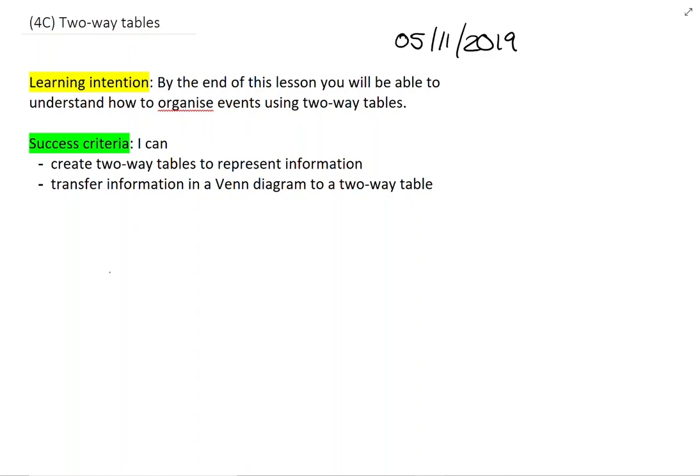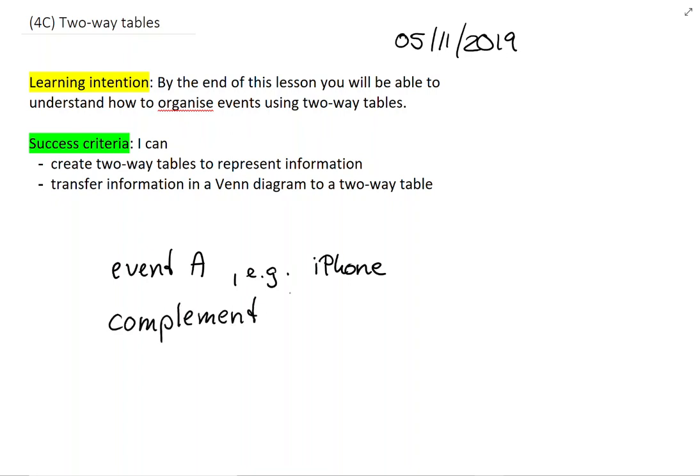So let's say we've got an event A, and my event A is having an iPhone. And the complement of that event would be not having an iPhone. You can write different things for the complement.